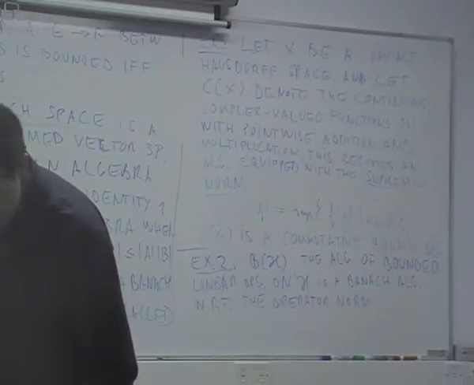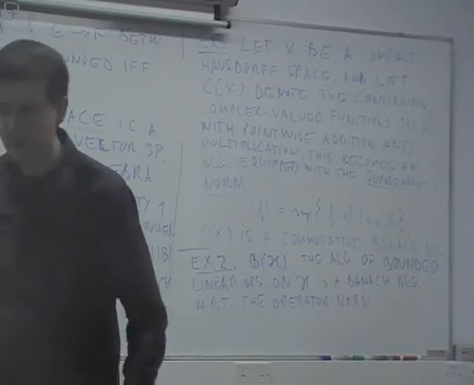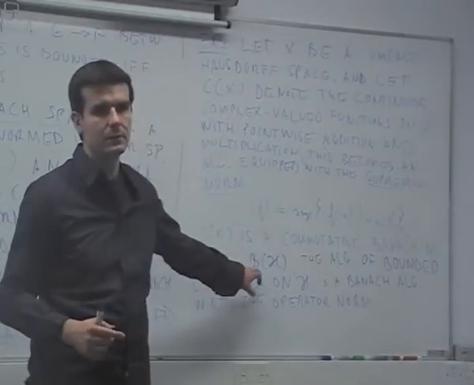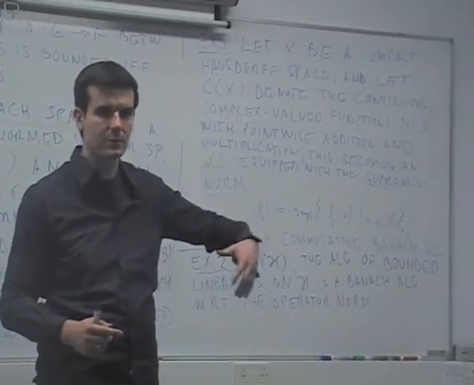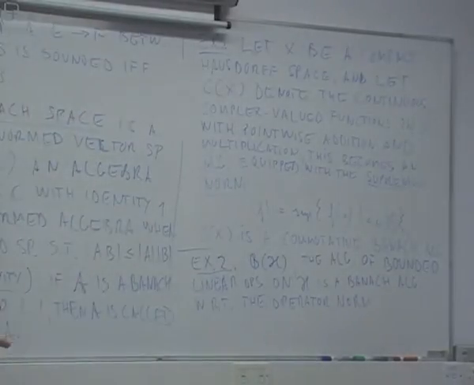Okay. I'm not claiming that every non-commutative Banach algebra is a subalgebra of B of H, but once we have more structure, involution in particular, then we can show things like this.